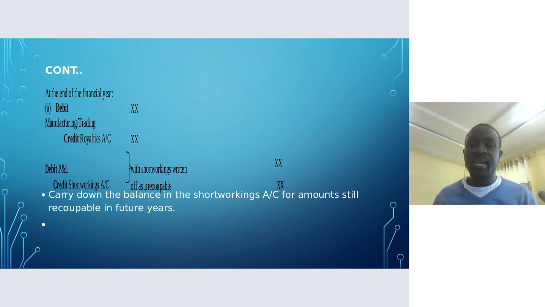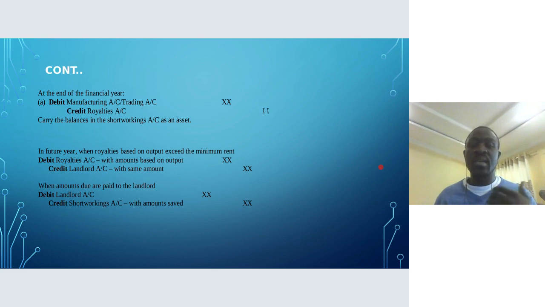What we mean by an analytical table is that you must know, for the different years, what is the minimum rent that is due. You must also know the amount of royalty due, and also if there is any short working.